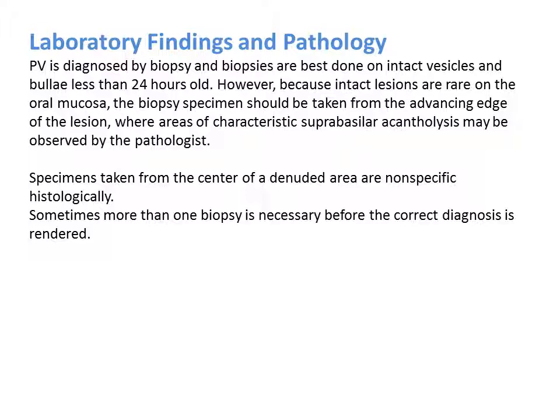Specimens taken from the center of the denuded area are non-specific histologically. So, as with any biopsy, we should take it from the periphery of the lesion, not from the center. Sometimes more than one biopsy is necessary to make the diagnosis.